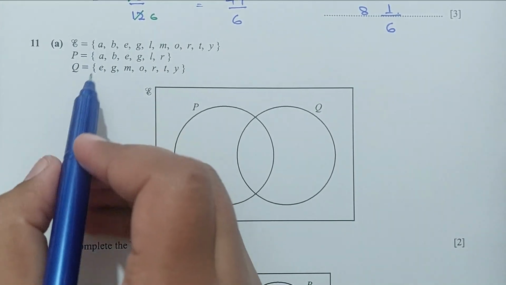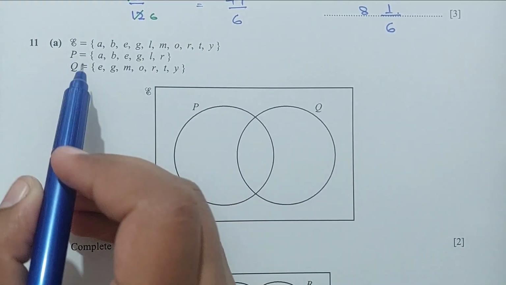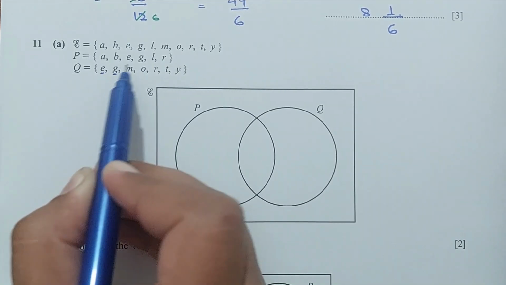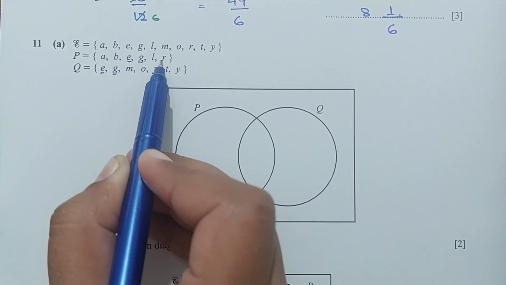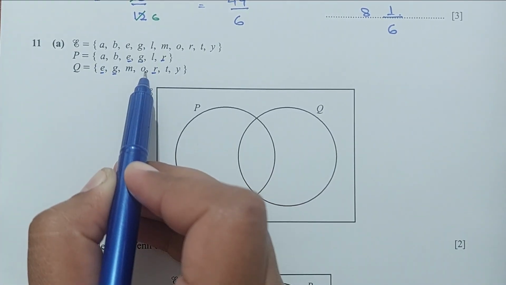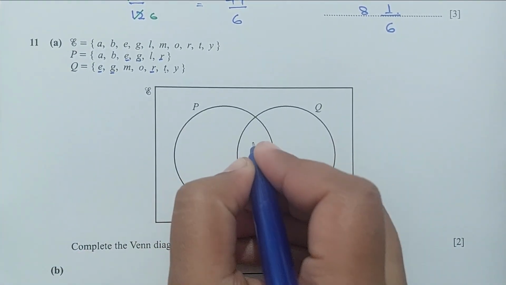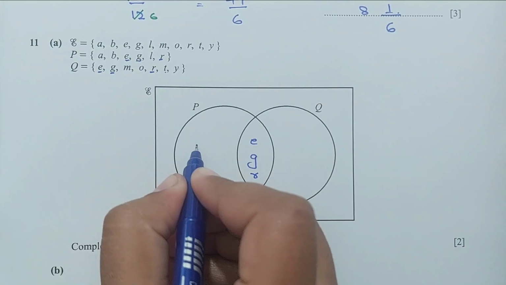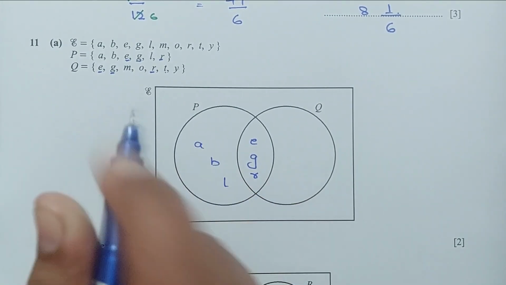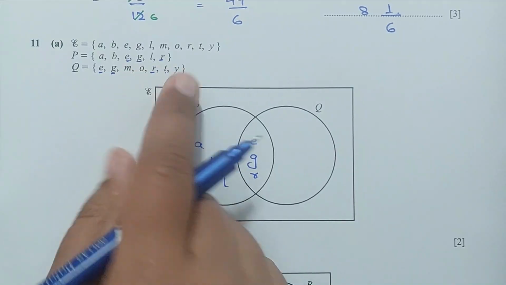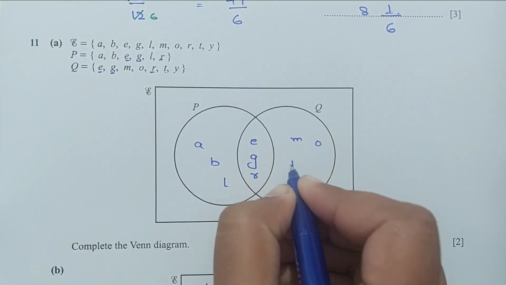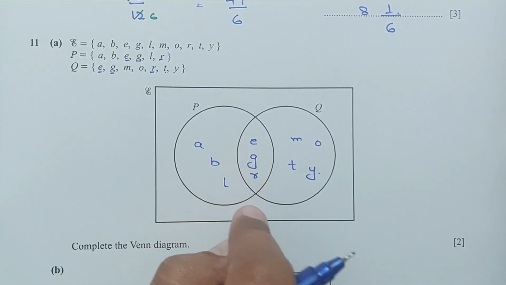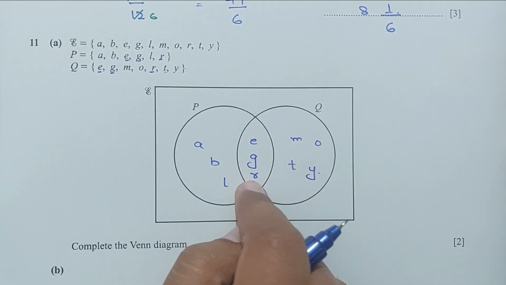Okay, so first we have to find the intersection of P and Q. So A, B, E, G, L, R, and E, G, R. Right, A, B, L, M, O, T, and Y. So the common are E, G, and R. Right, now for set A we have A, B, L left, and besides E, G, R we have M, O, T, Y left. Right, A, B, E, G, L, M, O, R, T, Y.